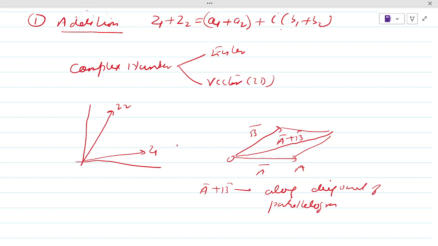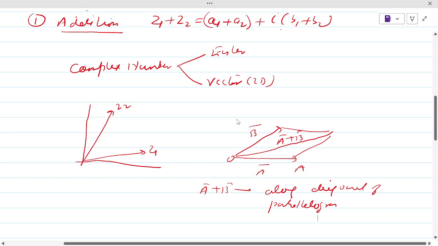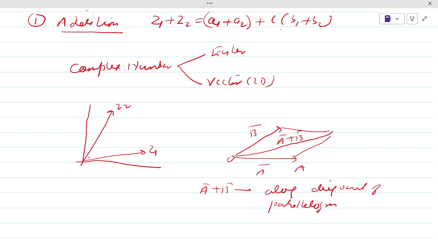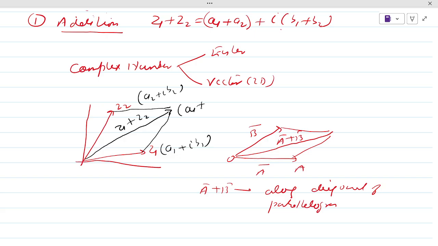In the same way in complex numbers, the addition z1 plus z2 will lie along the diagonal of the parallelogram. So this is z1 plus z2, where z1 is a1 plus ib1 and z2 is a2 plus ib2, so z1 plus z2 will be a1 plus a2 plus i times b1 plus b2.